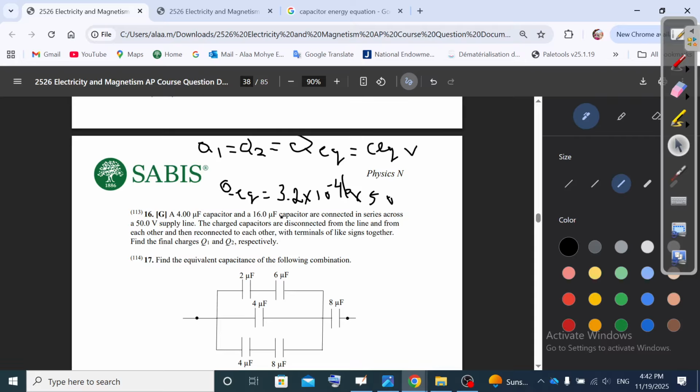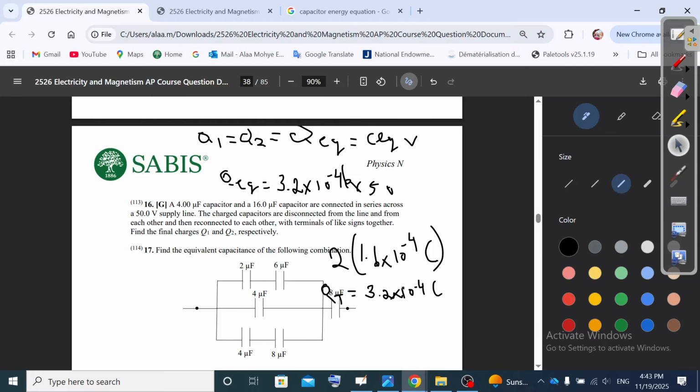Then we need to find the Q total. We found 1.6 times 10 to the minus 4 coulombs, and there are two of them, so we multiply by 2 to find the Q total. So Q total is 3.2 times 10 to the minus 4 coulombs.